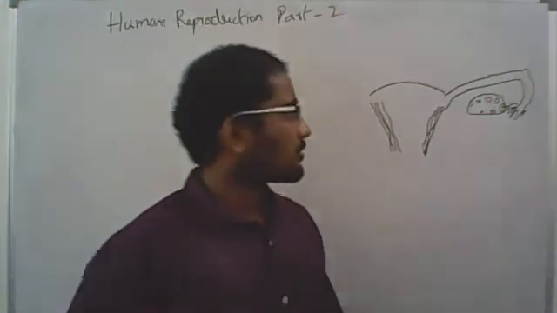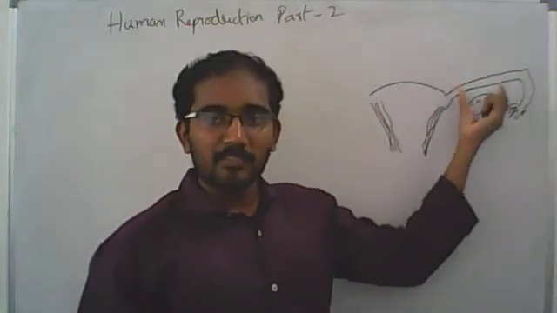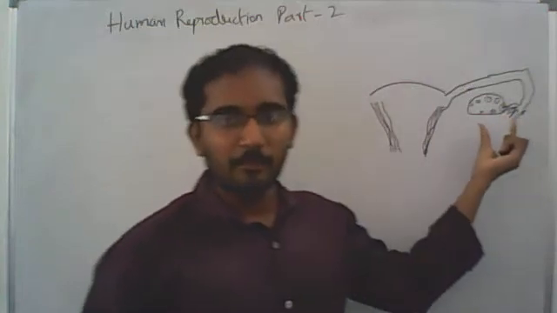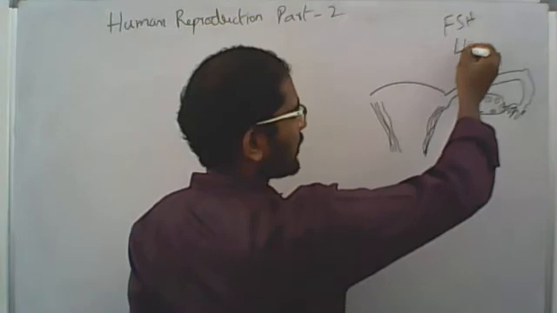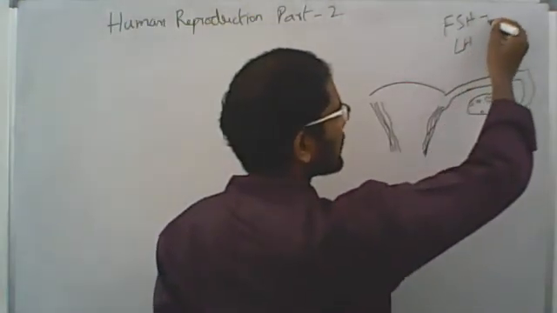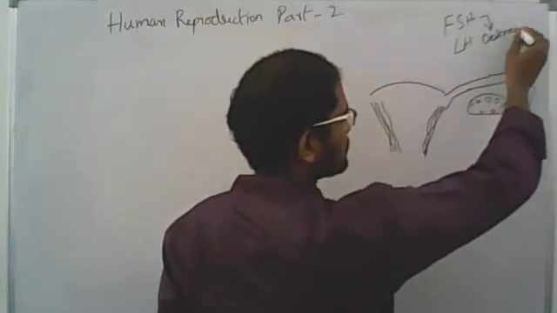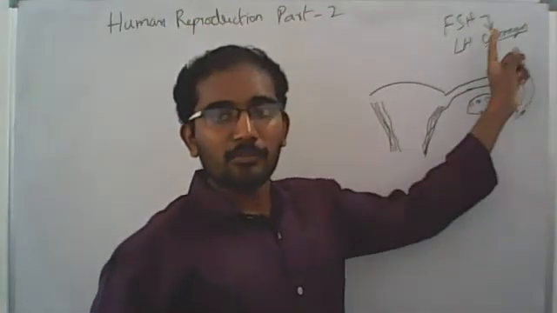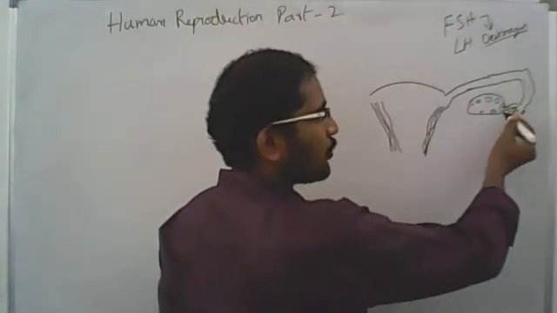Okay, guys, listen. This is one of the ovaries, and we have just discussed how the follicles are developed or matured. The necessary hormones involved are FSH and LH. More specifically, FSH triggers the ovaries to produce estrogen, which is an important hormone that causes the ovulation process.